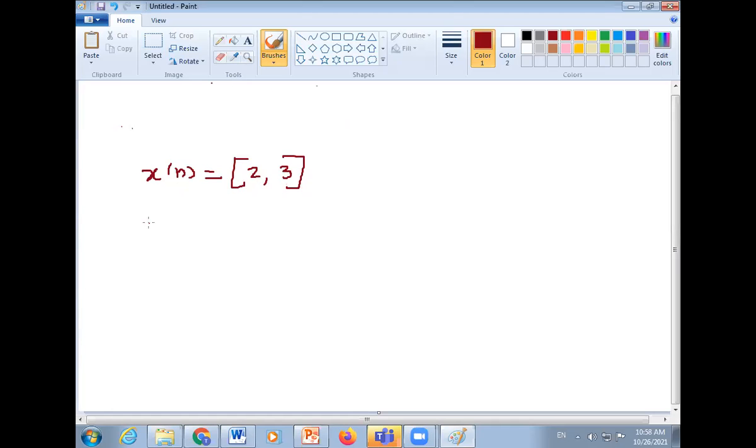Also compute the DFT of the second question. This is the first question. The second question is compute a DFT of x of n is equals to 1, 0, 1, 0.